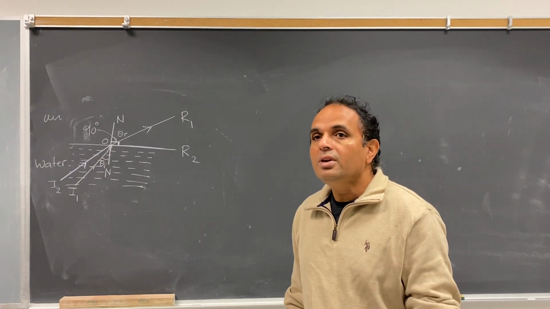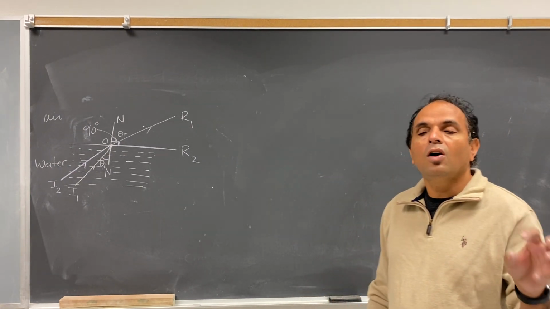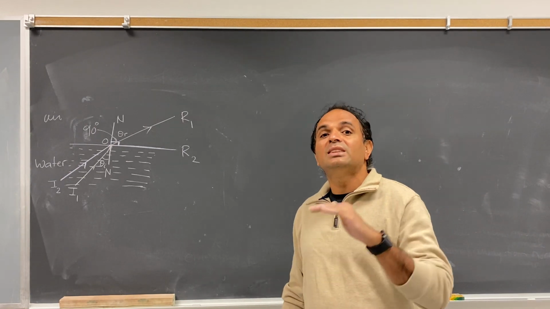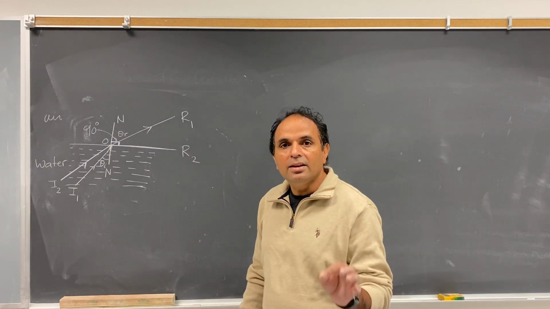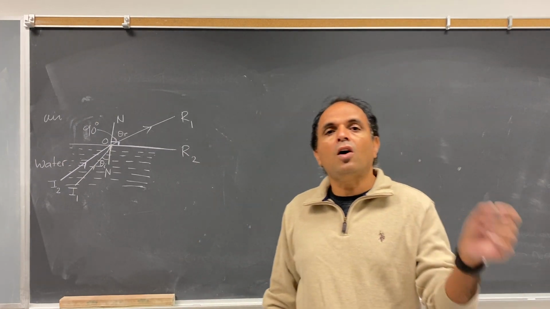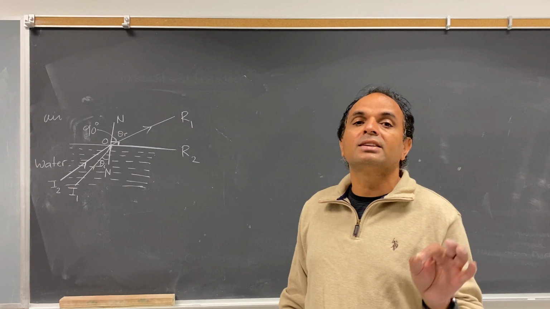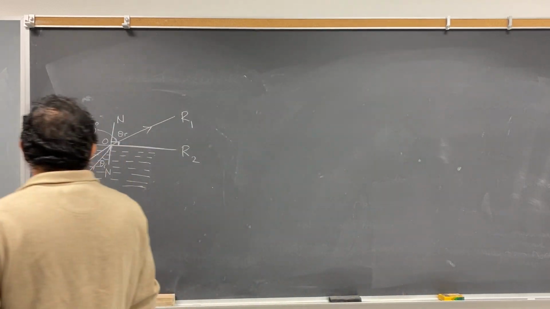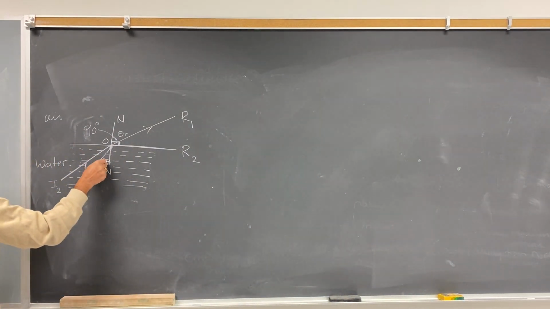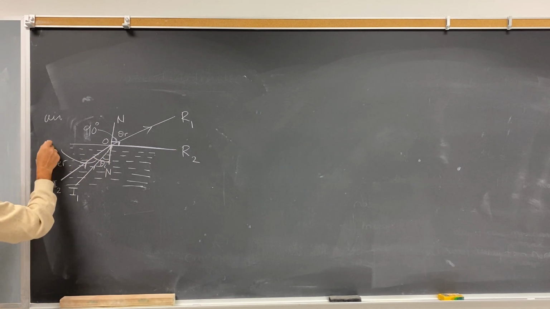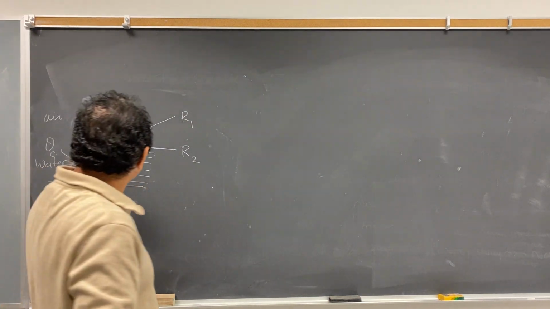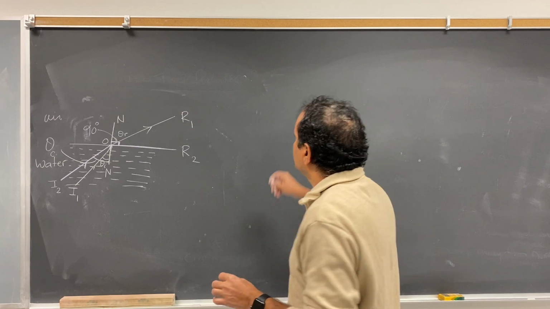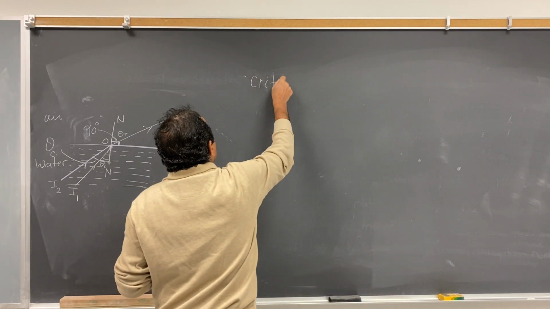But if the angle of refraction in optically thin medium is 90 degrees, then the corresponding angle in optically thick medium is called the critical angle. So this angle here, everyone, is called the critical angle, and it is simply theta C. So again, what is the critical angle?